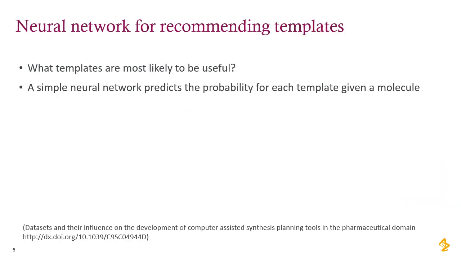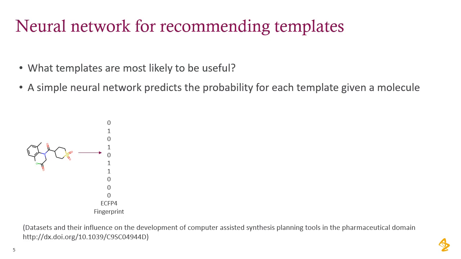And then we need a way to determine which of these templates to apply at each stage of the search, what templates are most likely to be useful. In AiZynthFinder, we use a simple neural network that predicts the probability for each template given a molecule.